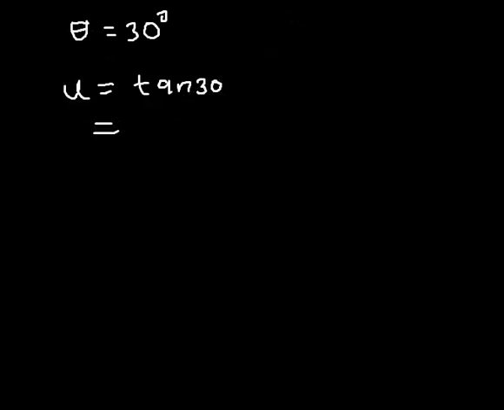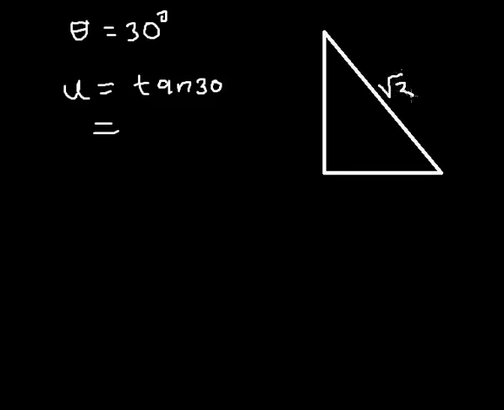Using tan 30 here, I use the special angle triangle to find it. In the special angle triangle, the hypotenuse is 2, this angle is 60 degrees, and this is 30. The opposite to 30 is 1, and the adjacent to 30 is √3. Tan is always given as opposite over adjacent.